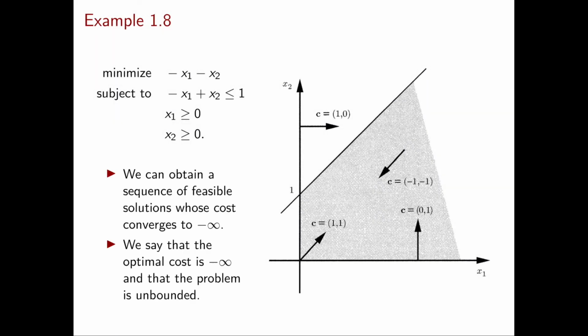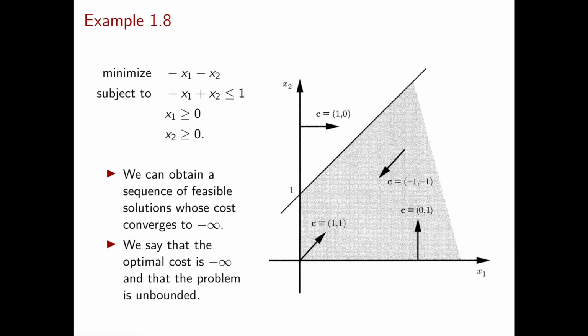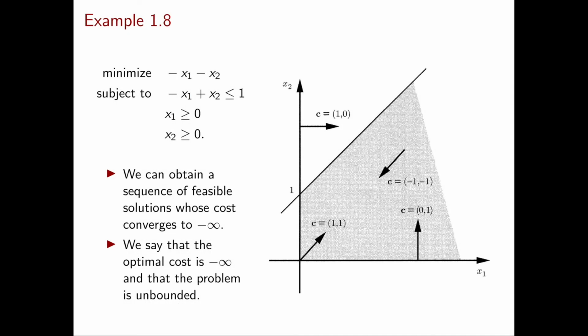Therefore, in this case, we can obtain feasible solutions which are better and better, and their cost converges to minus infinity. In this very special case, we say that the optimal cost is minus infinity and that the problem is unbounded.